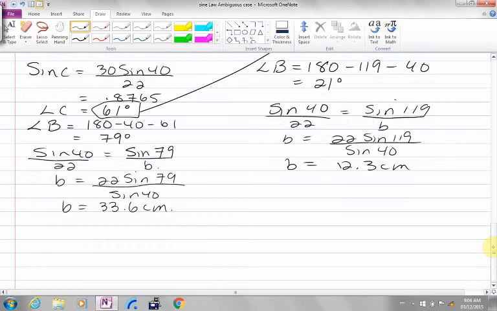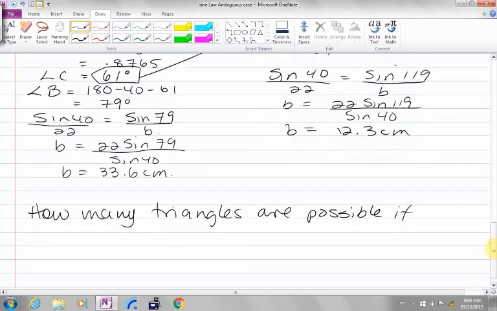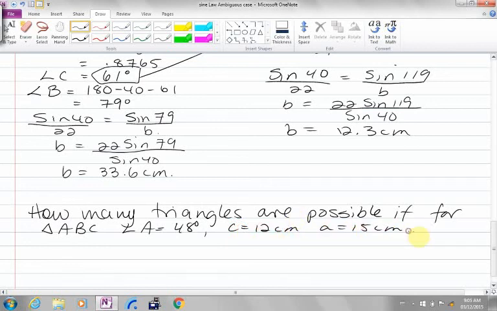So let's see if you can tell me how many triangles are possible if, for triangle ABC, angle A is 48 degrees, C is 12 centimeters, and A is 15 centimeters. So have a look at that data.